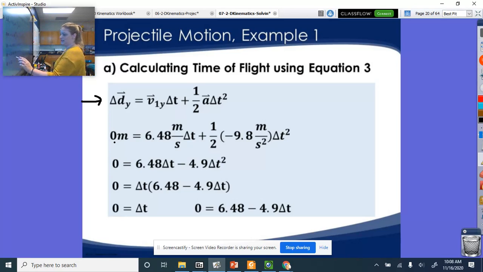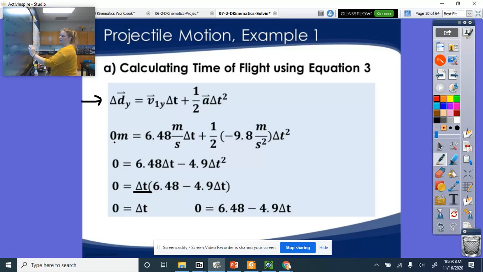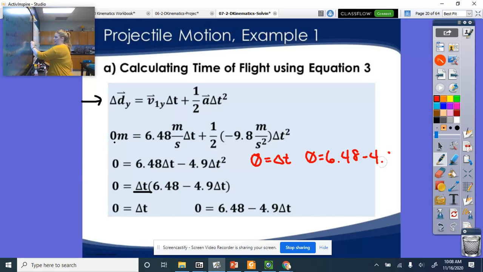So when I get down to this point, what I did is I set each of these equal to 0. So I have, let me change colors, 0 equals delta t, and then I also can say 0 equals 6.48 minus 4.9 delta t.